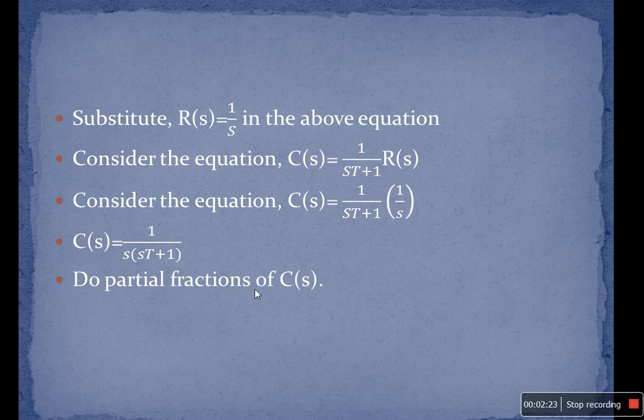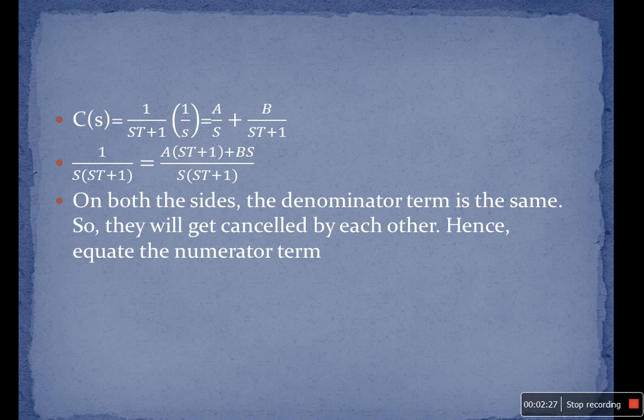Whenever I am doing the partial fractions for this equation, I represent C of s equal to 1 by (s tau plus 1) into 1 by s, that is equal to a by s plus b by (s tau plus 1). Do the LCM. So 1 by s into (s tau plus 1) equals a into (s tau plus 1) plus bs by s into (s tau plus 1).